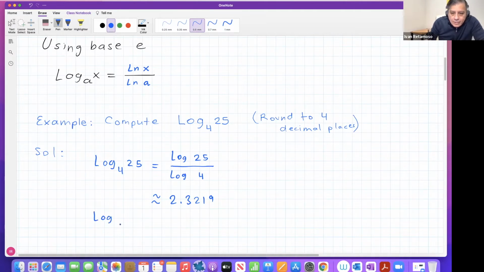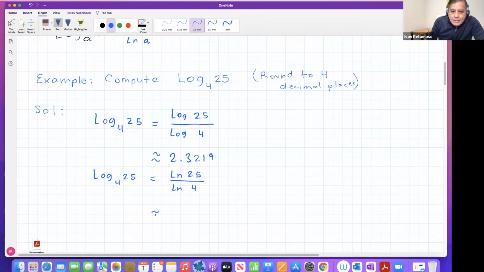Great. Now, let's see what happens if instead of using the common log, I choose to use natural log. So log base 4 of 25 should be written as natural log of 25 over natural log of 4. And let's compute that. It's like instead of dealing with dollars, I decide to deal with euros. It should be the same.